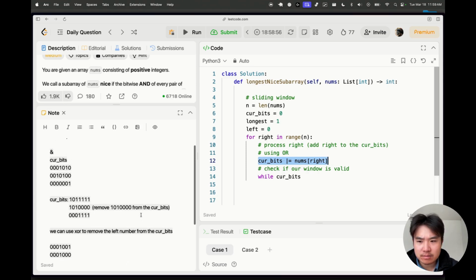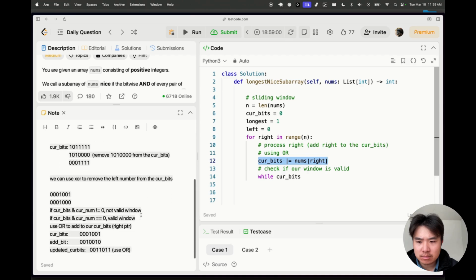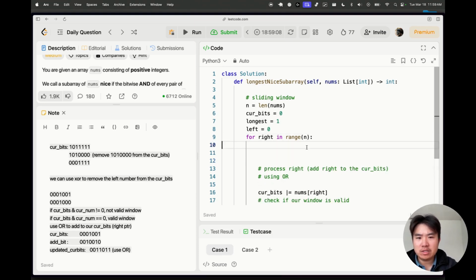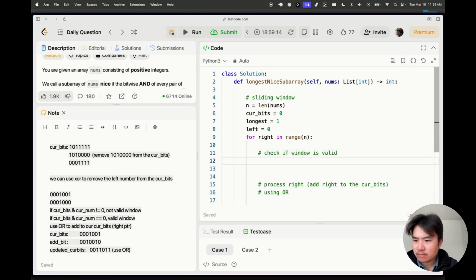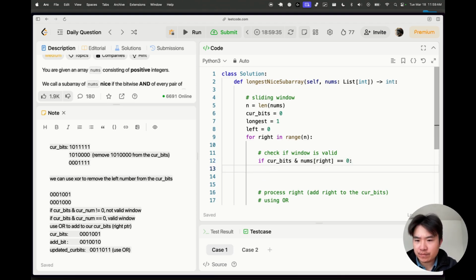Wait, let me see. If cur bits anded with the cur num, which is nums at right, gives 0, then it's valid.